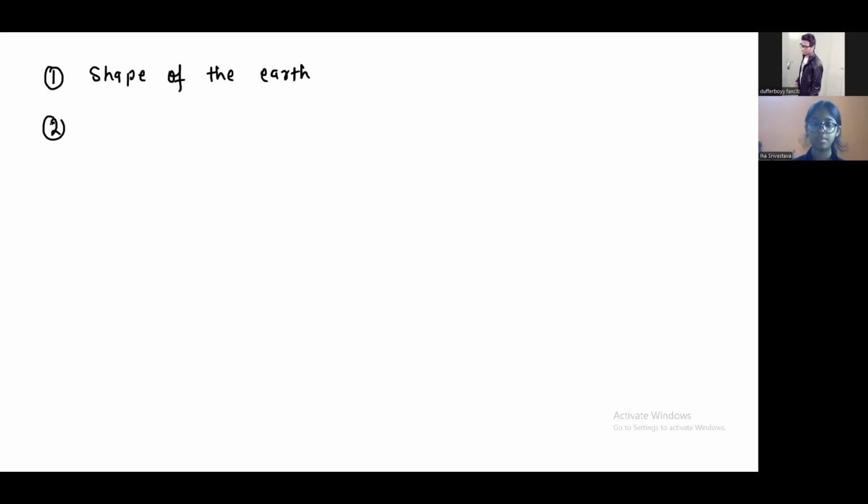The second factor is that when we move above the earth's surface, its value also changes. So height above the earth's surface. The third point is depth below the earth's surface.